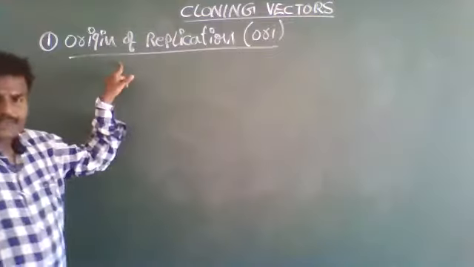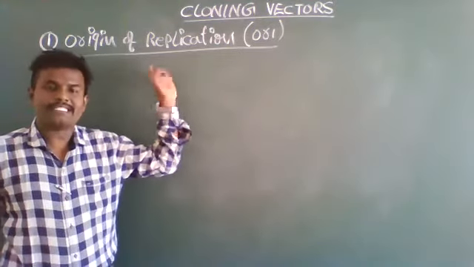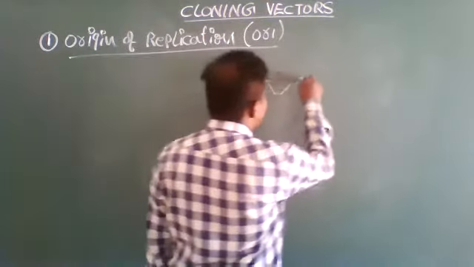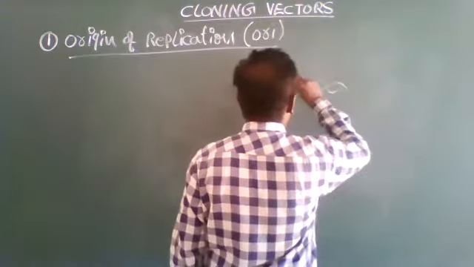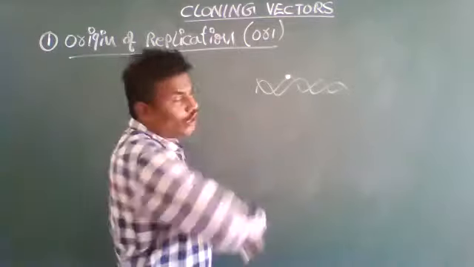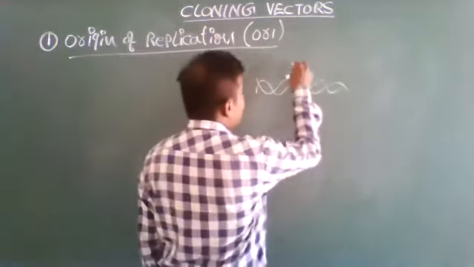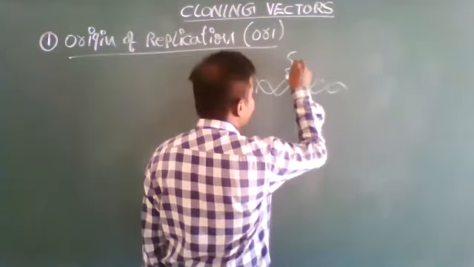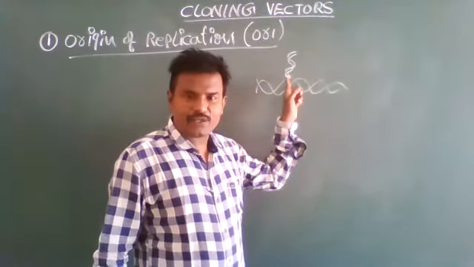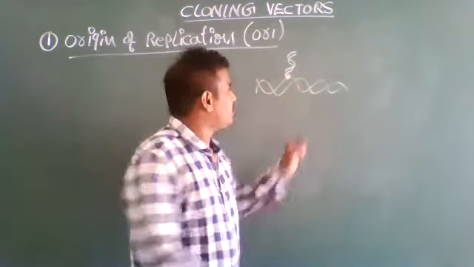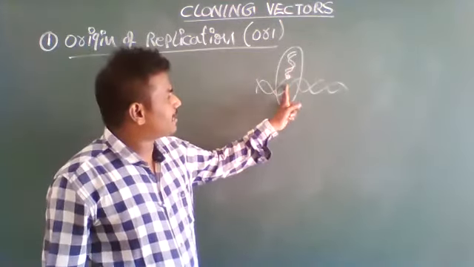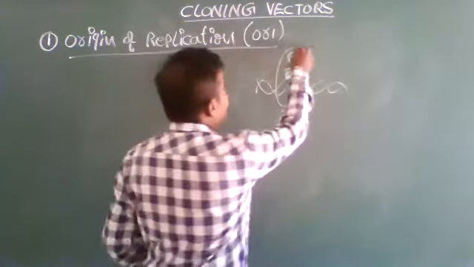So it is the sequence. ORI means it's a sequence from where replication starts. For example, here ORI is there. This is the ORI sequence. In biotechnology, what we will study is when a piece of DNA is introduced here with the help of this sequence, this and this, a plasmid and the foreign DNA, are transferred into the E. coli bacteria.